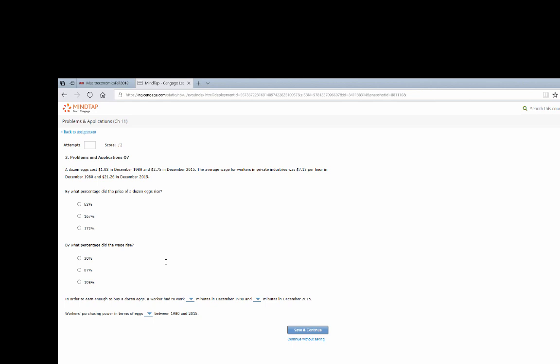And then you're going to use the exact same formula for the second part of this question about percent change in wages. You're going to do the new value of wages, minus out the old value of wages, divide all of that by the old value of wages, and times it by 100. So I think you should be good with that, using those formulas.